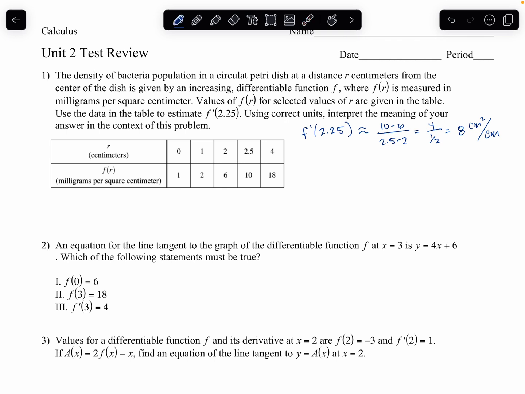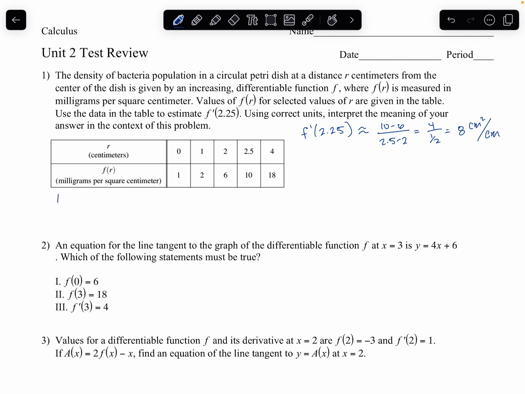So how would I answer that? Interpret the meaning of your answer in the context of the problem. I would say you just have to look at the context of the problem and put it all together.